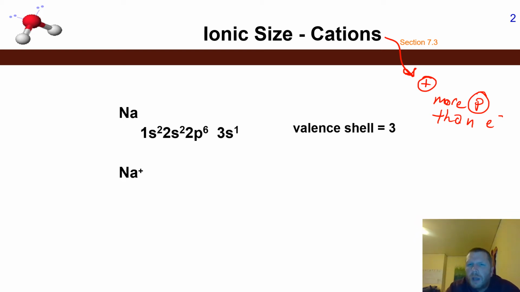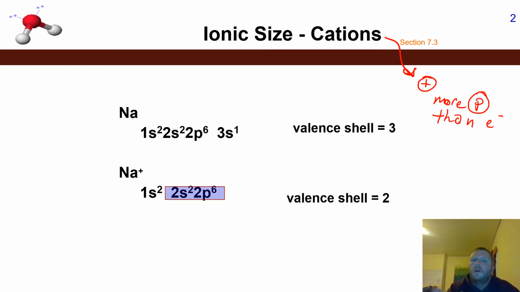Where have you lost that electron? You've lost that electron in that 3s orbital. So the Na plus ion has a valence shell of 2. Since it's lost that 1 electron in the 3s orbital, the outermost electrons are in the 2s and 2p orbitals. So we've got something looking like that.